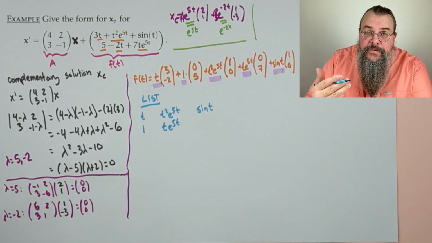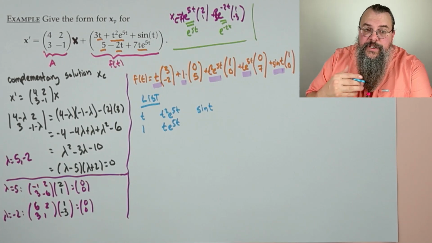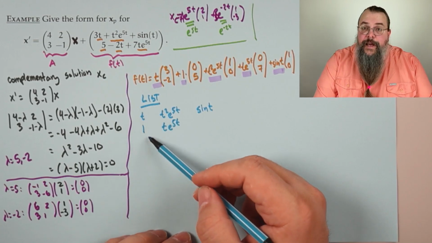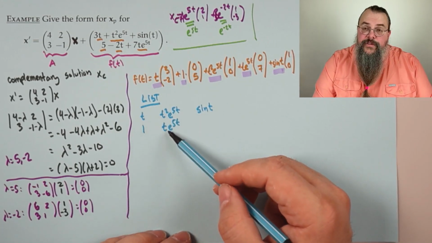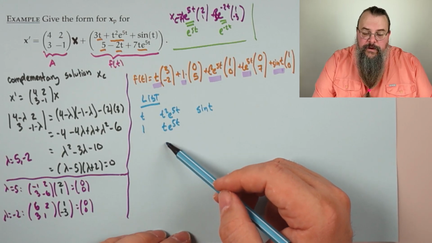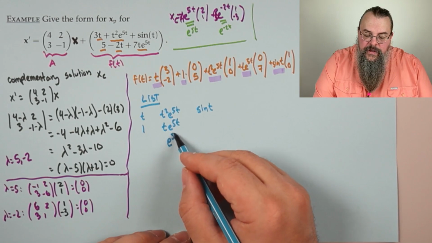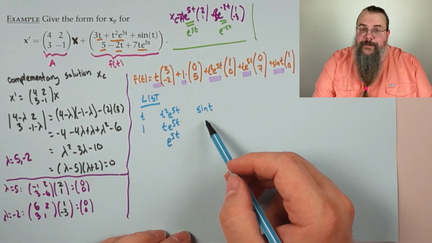Does anything have a power of t? Yes. If it does, make sure we have lower powers. Okay. So we're okay here because t has a lower power of 1 already. T squared e to the 5t, a lower power is t e to the 5t. A lower power of that would be 1 e to the 5t, not on our list, so we add it. There's no t on the outside.